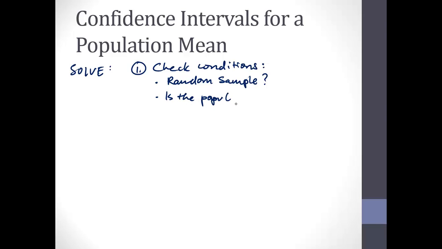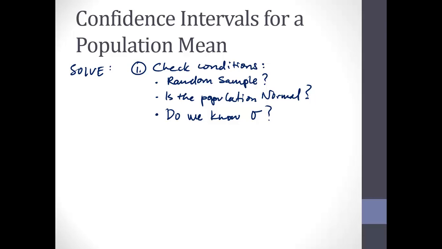Is the population normal? And do we know the population standard deviation sigma? So this is coming from that first page. When you're doing a problem from chapter 14, here are the conditions you want to check. And again, we talked about why these might be kind of silly assumptions. But anyway, we're going to go with them for now, and we'll come back to assessing those later.